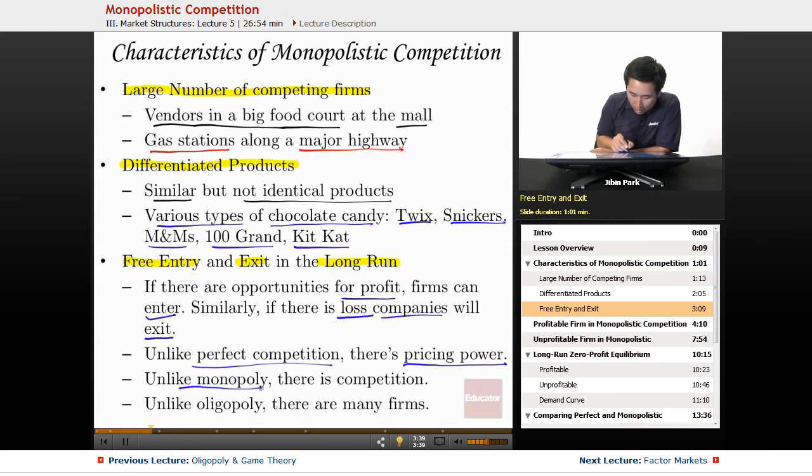And unlike a monopoly, there is competition. You're not the only one, so even though you have pricing control, you're subject to competition. And unlike an oligopoly, there are many firms. So once again, the monopolistically competitive market is going to be similar to certain aspects of monopoly, but different in a lot of regards. Similar to some aspects of oligopoly and perfect competition, but different in other regards.